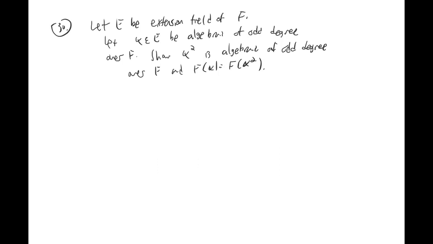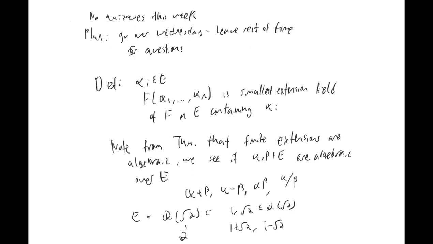If you remember, I wrote here, if you have two, alpha and beta, algebraic over the small field, then their product is too.